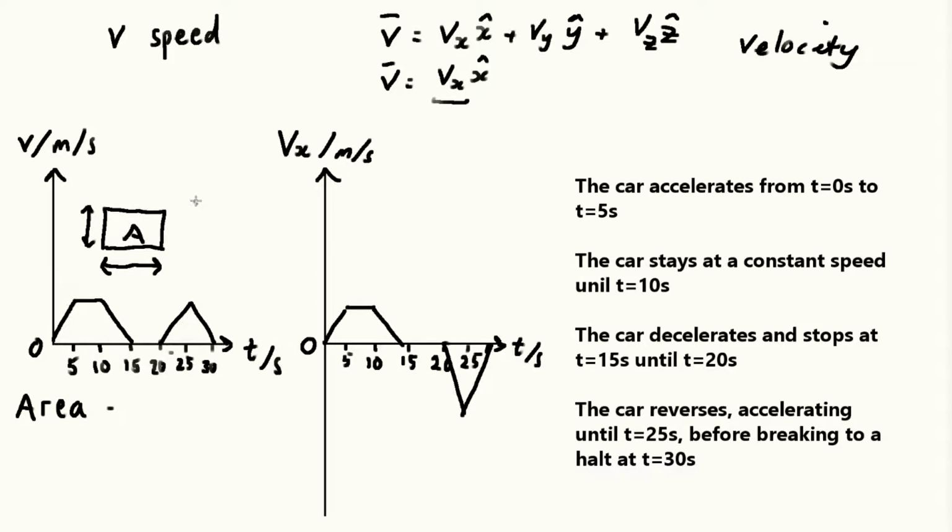When we multiply a speed and a time, we get a distance, s. This was outlined in our previous videos. Therefore, the area on a speed time diagram is actually going to be the distance travelled, meaning if I calculated the area of everything I'm shading here, we could find out the total distance the car travelled.